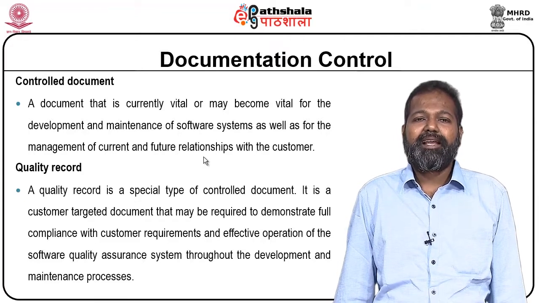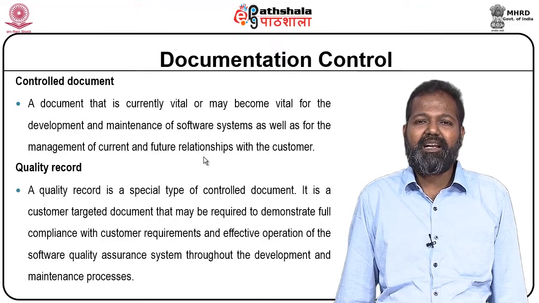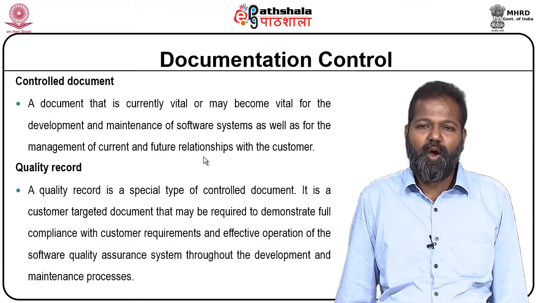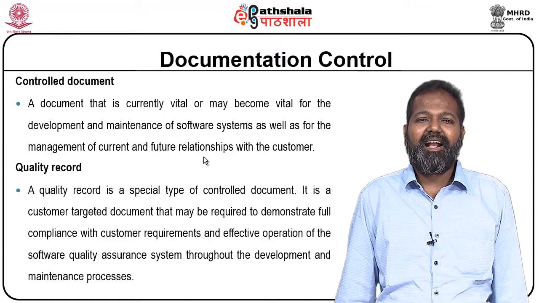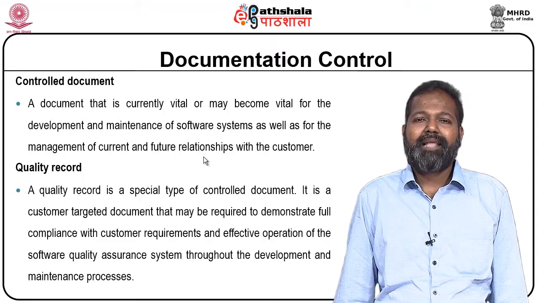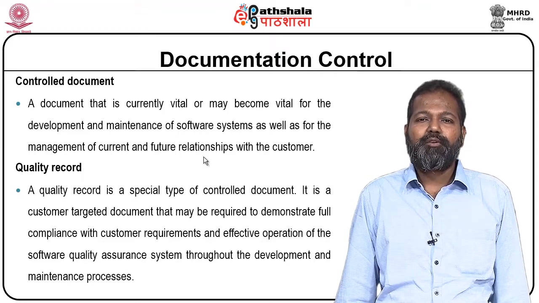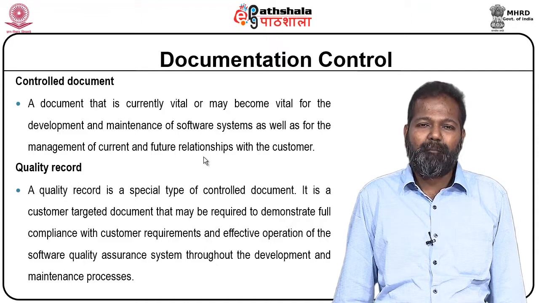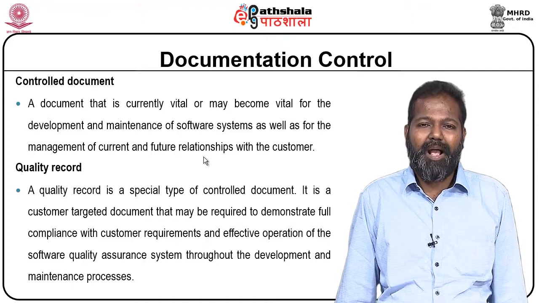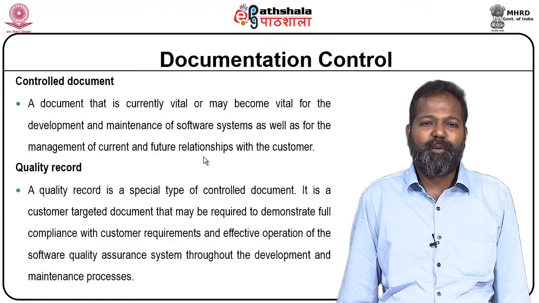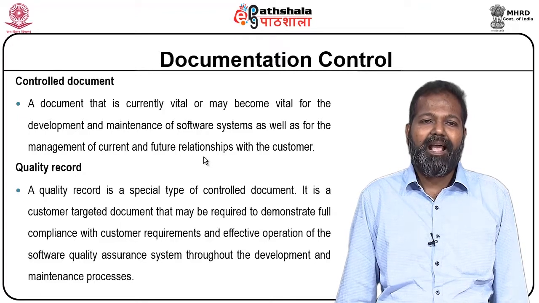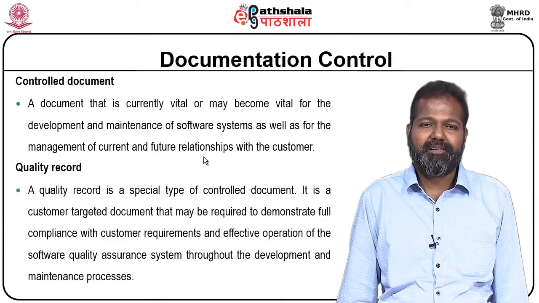Quality record: a quality record is a special type of controlled document. It is a customer-targeted document that may be required to demonstrate full compliance with customer requirements and effective operation of the software quality assurance system throughout the development and maintenance process.